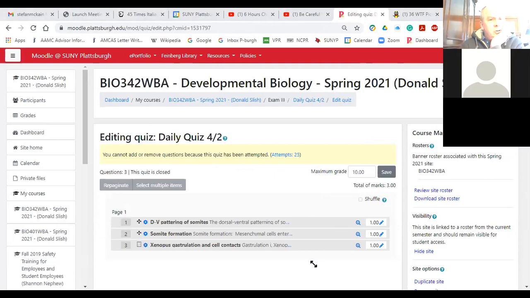Okay. The dorsal ventral patterning of somites is induced by gradients of several factors. Dorsal ventral. The ectoderm and the dorsal neural tube. I've got a chat here.